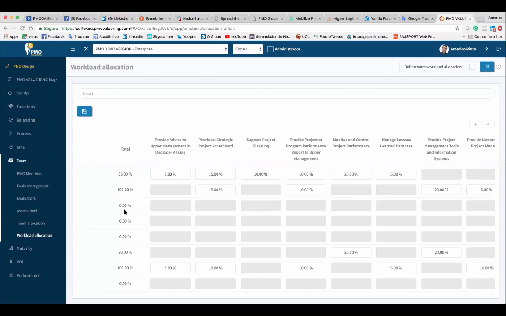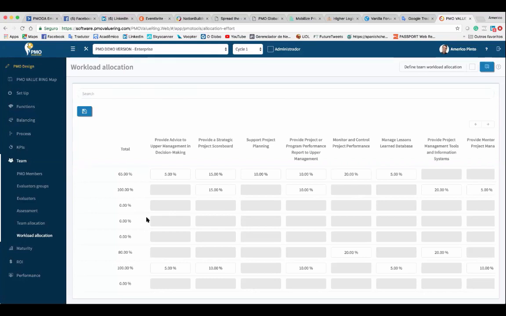So if you have, for example, 200%, it means that your resource has some hours monthly, and we are expecting that he or she can work 2 times more hours than the hours that he or she has available, okay? So this resource is over allocated, right?